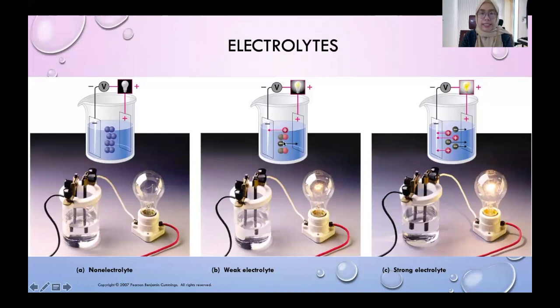But in the weak electrolyte or the strong electrolyte, which contain ions, the ions can conduct electricity by transferring the electron from the negative charge. So the electron from the negative charge at this electrode will be transferred to the positive electrode by the ions.